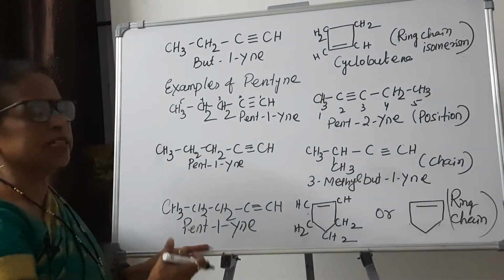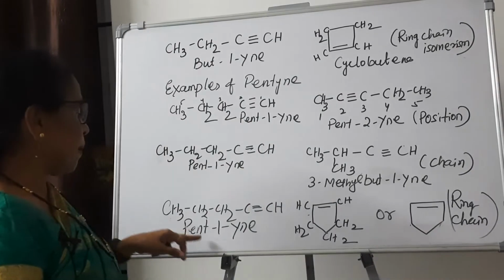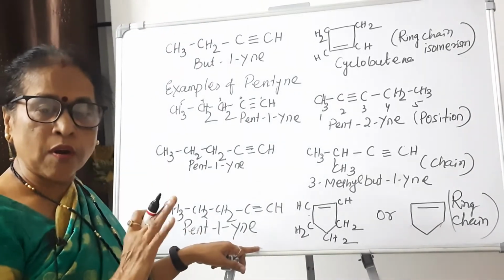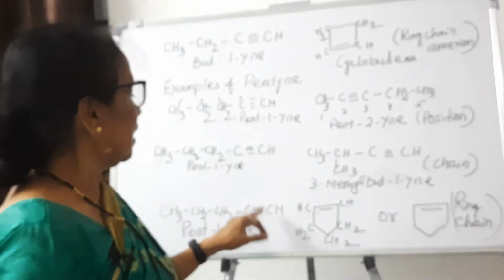And you can see here it also shows ring chain isomerism. Ring chain means pent-1-yne: 5 carbon atoms and 1 triple bond. Now this changes to a double bond, and it is cyclopentene.